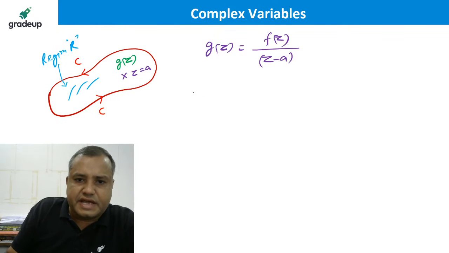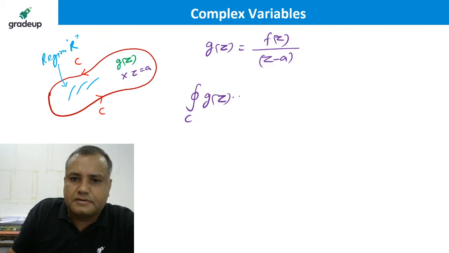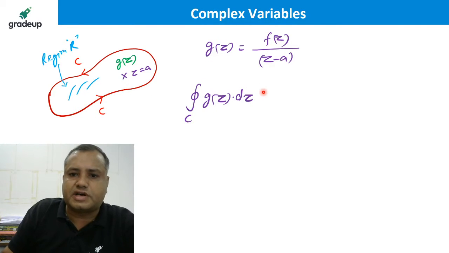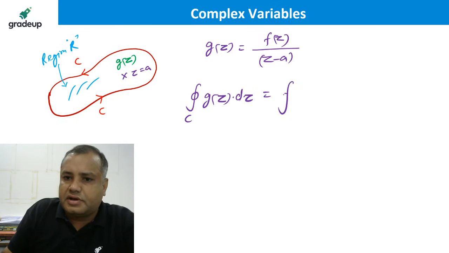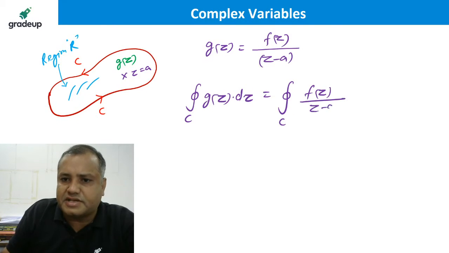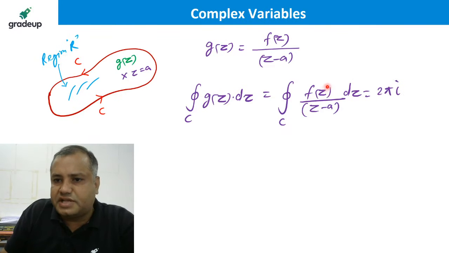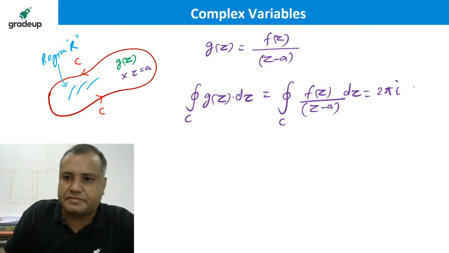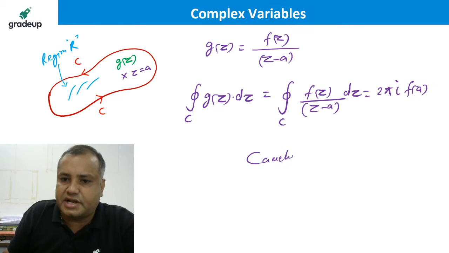In that case, if you integrate g of z over this closed curve C, it means you are integrating f of z upon z minus a. So this integration will be 2 pi i times this numerator f of z evaluated for z equal to a. This is Cauchy's integral formula.